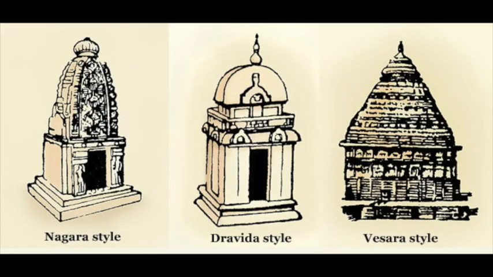And where north and south meet, there has been a confluence of a hybrid style which also emerged, called Vesara style. But Vesara style had primarily ingredients from both Nagara and Dravida.